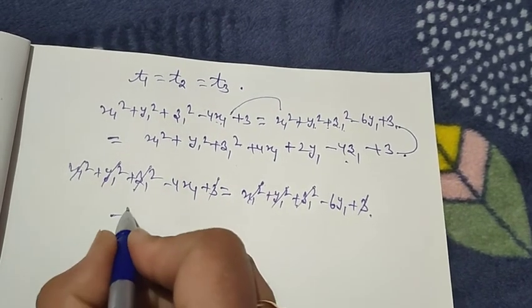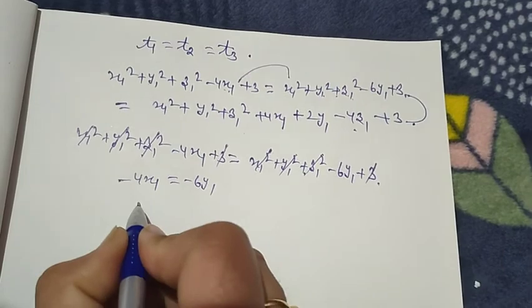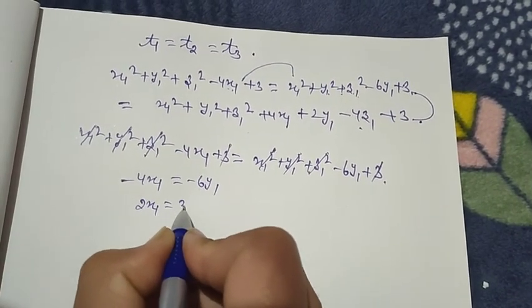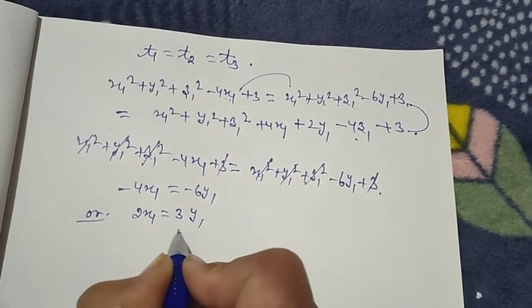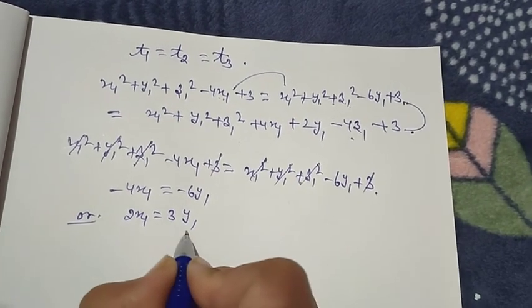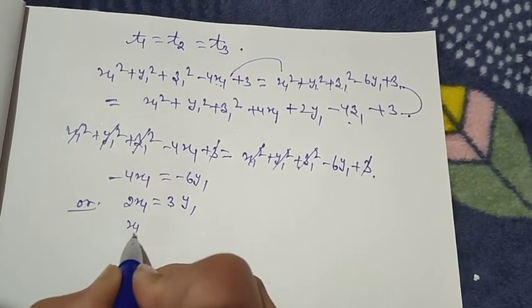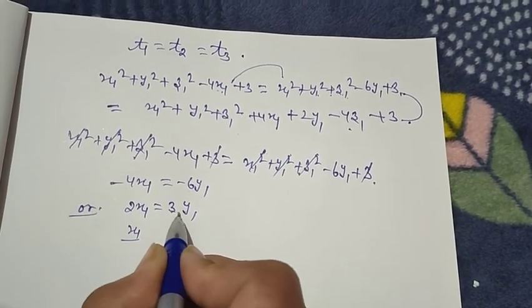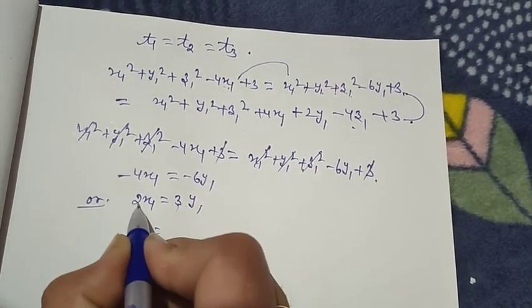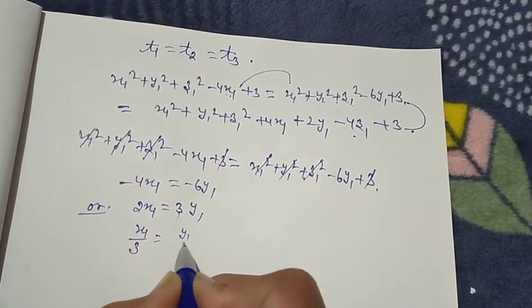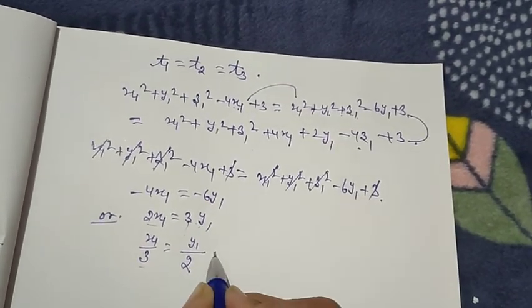Only minus 4x1 is equal to minus 6y1, so 2x1 is equal to 3y1. We can rewrite this by dividing by 3 and by 2, so x1 by 3 is equal to y1 by 2.